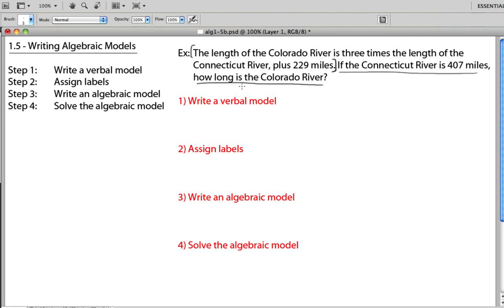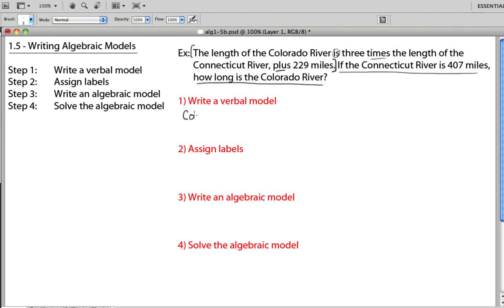The way that you identify a verbal model is you look for the keywords that you can translate algebraically. For instance, the word is, we know, means equals, times is multiplication, and plus is addition. So this is already in that form. So I'm going to sort of paraphrase it down here.